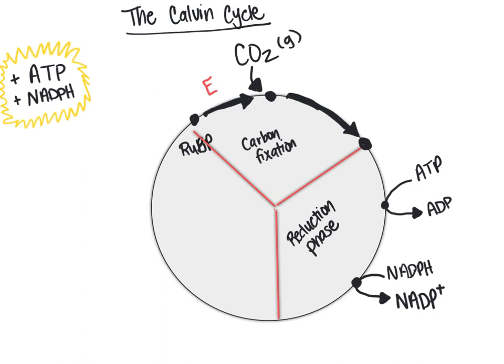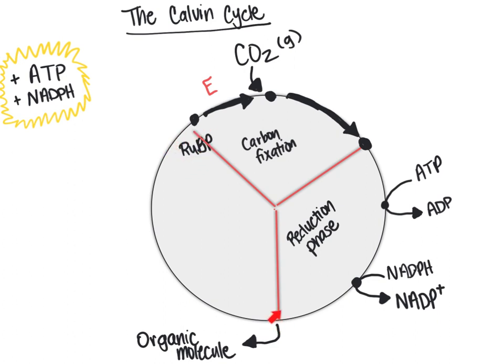Now, at the end of the reduction phase, you are going to have an organic molecule, some kind of output. But keep in mind that in order to start the next turn of the Calvin cycle, we are going to need to remake or regenerate the RuBP that we started with over here in this area.